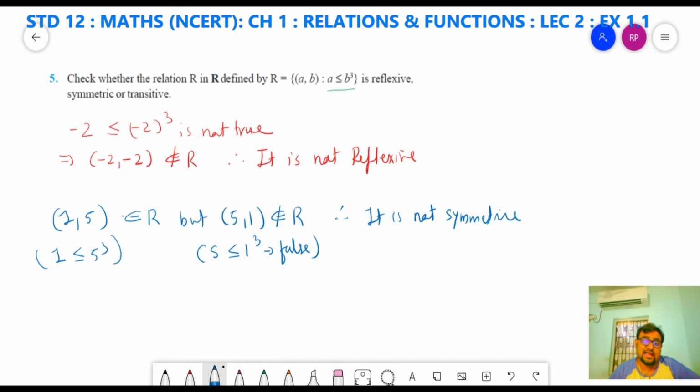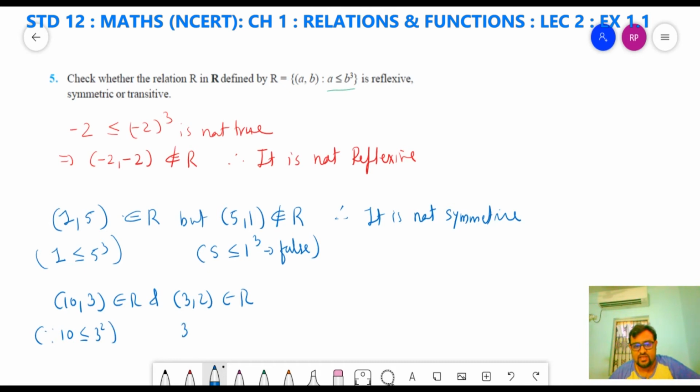Now for transitive, (a, b) belongs to R and (b, c) belongs to R must imply (a, c) belongs to R. So let's find an example if it is possible. Let's take two examples: (10, 3) belongs to R and (3, 2) belongs to R. Why? Because 10 is less than or equal to 3 cubed, and 3 cubed is 27.